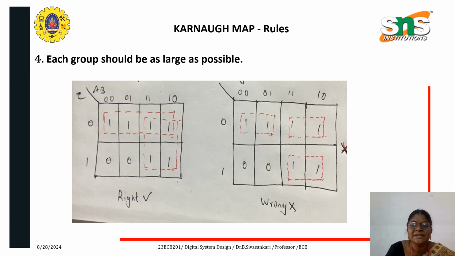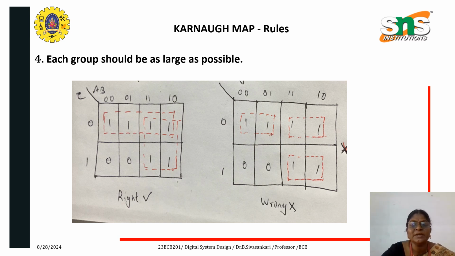The next, fourth condition is each group should be as large as possible. This technique is entirely used for simplification, right? So first we have to check from the octet whether there are 8 adjacent ones.